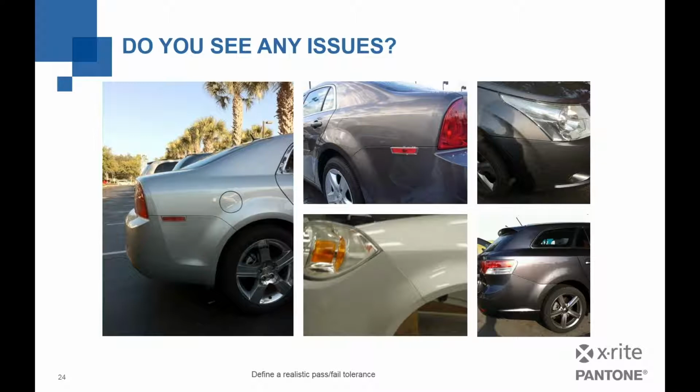I quite enjoy when we have a mixed group, again, in our seminars, if we get people from the auto refinish industries and from the printing industry, and then ask them what tolerances they work to. Sometimes we can have a magnitude of 10 difference. The auto refinish might work to a delta E CMC of 0.2 or 0.3, whereas a printer might work to something that's more like 3 to 5.